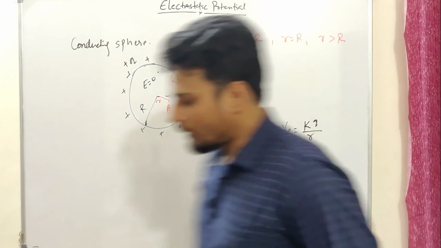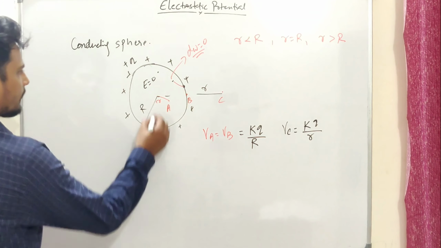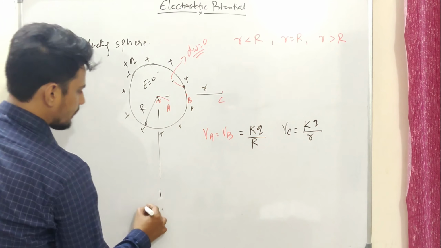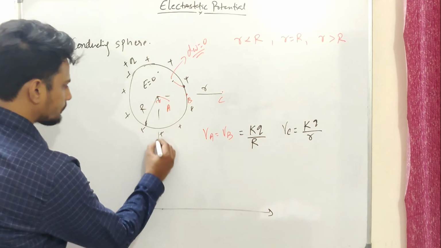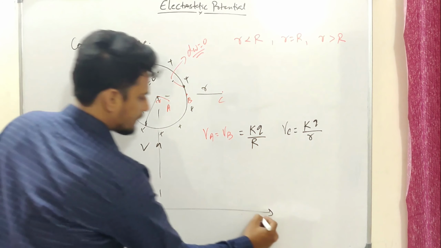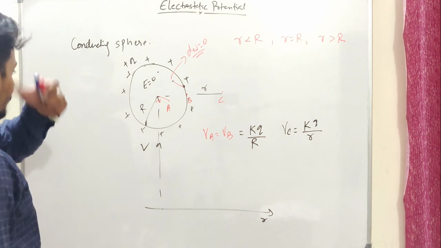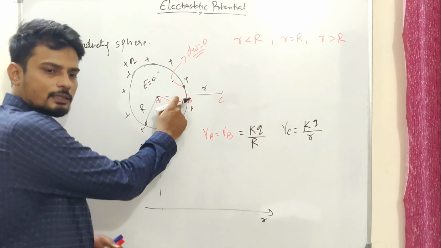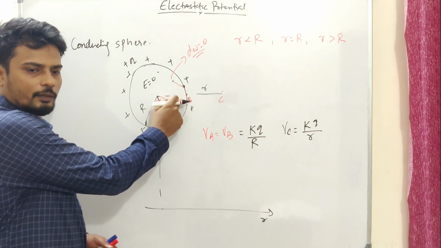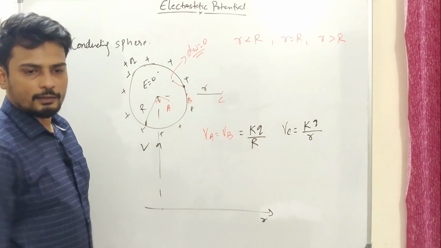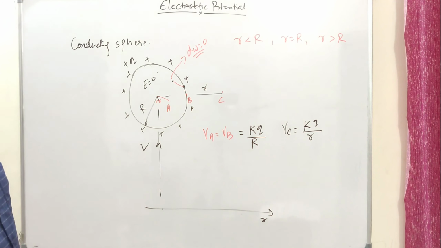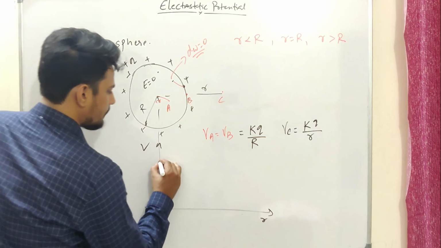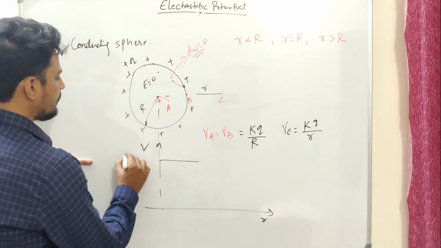So if I look at the graph of potential versus distance r for this sphere, then from here till the surface we'll be having the same potential, isn't it? That should be constant, and that's going to be how much?